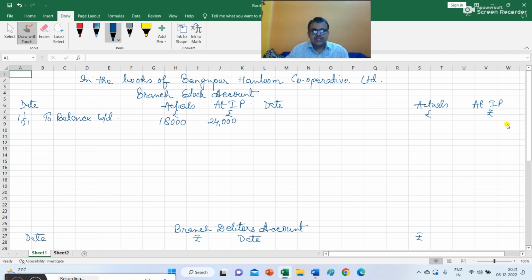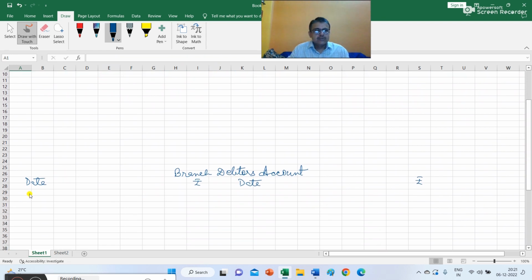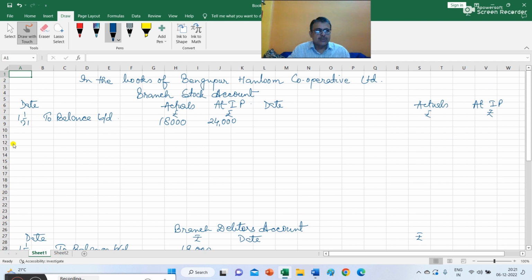The next transaction is the opening debtors balance. In the debtors account I am writing on 1st January 21 to balance b/d, which will be 18,000. The next transaction is goods received from head office at cost price, given at 72,000. In the branch stock account I have to write on 31st December 21 to goods sent to branch account, at the cost price of 72,000.